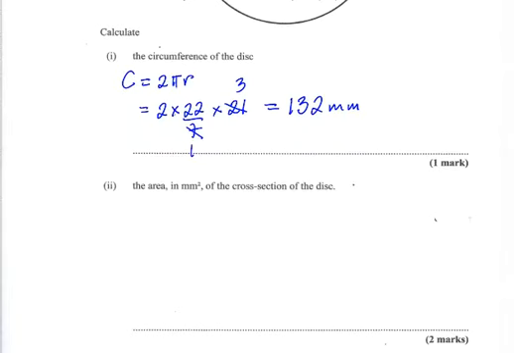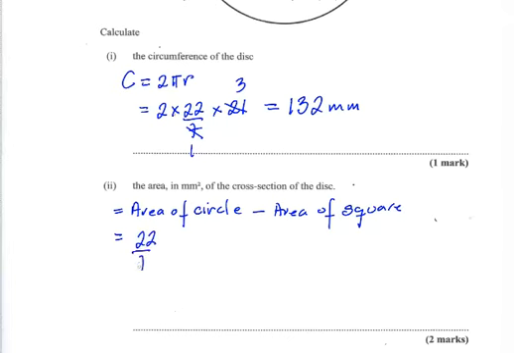So area of the cross section is equal to area of circle minus the area of the square. So the area of the circle is pi times radius square. So that's 22 over 7 times the radius, which is 21 times 21.